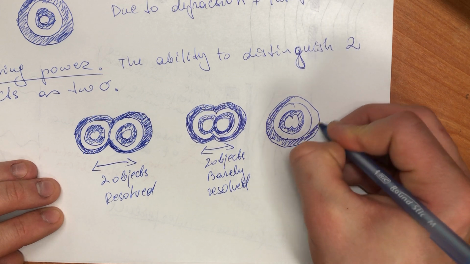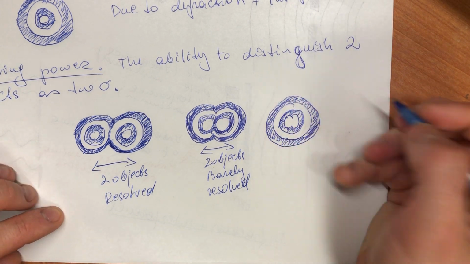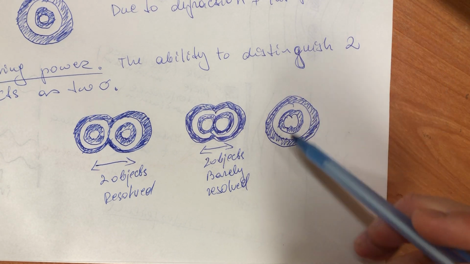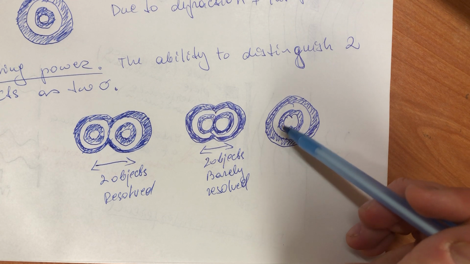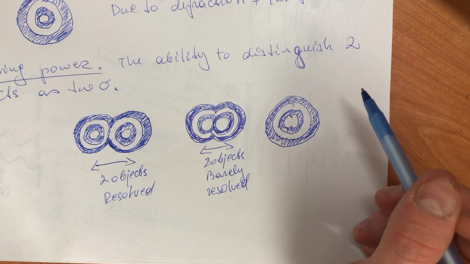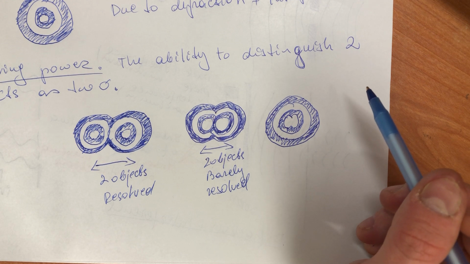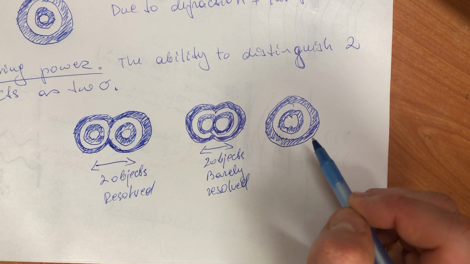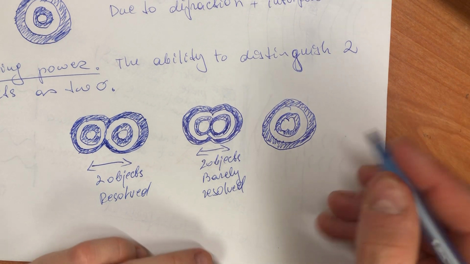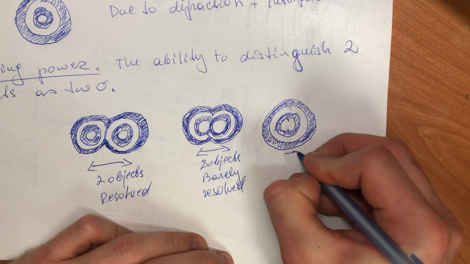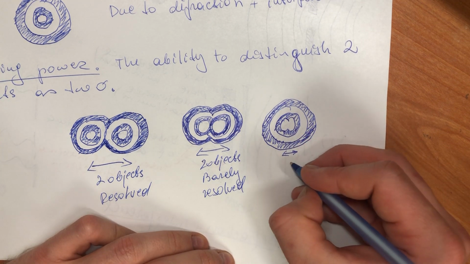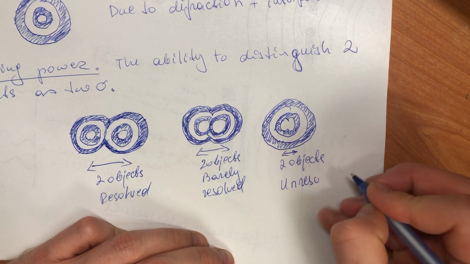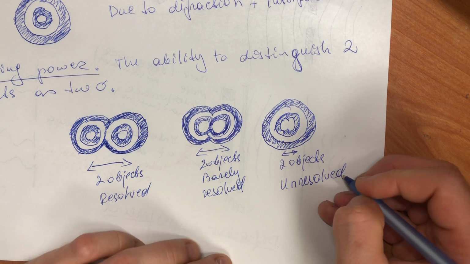So imagine these two objects can be some kind of very small samples. If you're looking using some kind of microscope, or if you're looking at a laser passing through two pinholes, and you would magnify this pattern a bit, here, because the distance between these two objects became very small, they are unresolved as two objects.